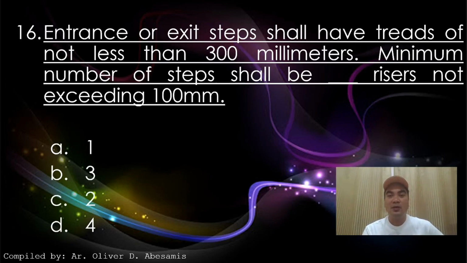And D. 4. Answer? C. 2. To complete the sentence, entrance or exit steps shall have treads of not less than 300 mm. The minimum number of steps shall be 2 riser not exceeding 100 mm.